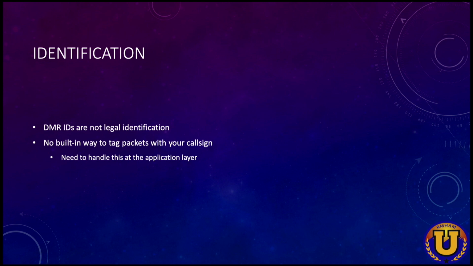So once again, you have to handle this on your own, whether that's making sure that you're sending your own packets with your own call sign every once in a while, or if you are developing some kind of application layer on top of this that you are including provisions for a call sign to be attached, especially if you're doing this in some kind of automatic, like telemetry type operation.